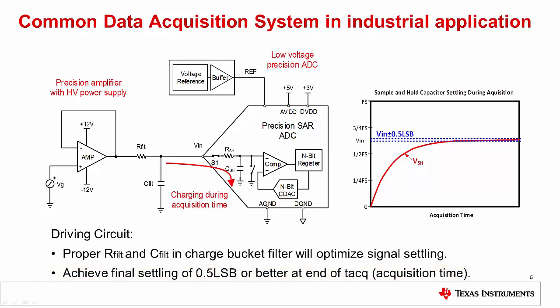Generally, the input amplifier supply voltage range is selected to match the input range of the ADC. So if the ADC input range is 0 volts to 5 volts, then the amplifier should use a single 5 volt supply and ground. In some cases, however, it may be necessary to use an amplifier with higher supply voltages.